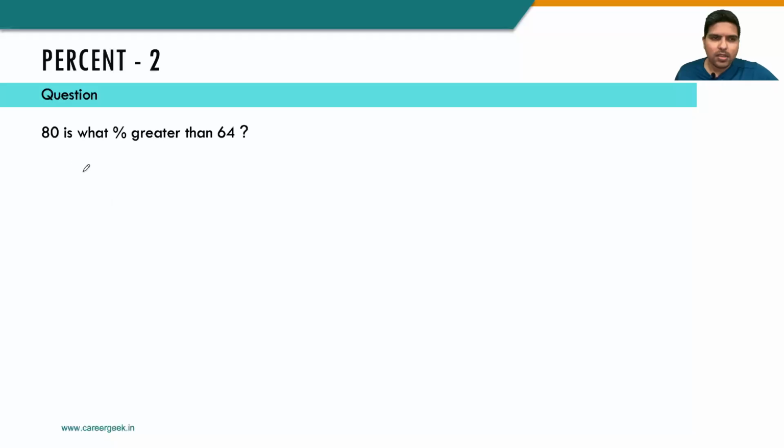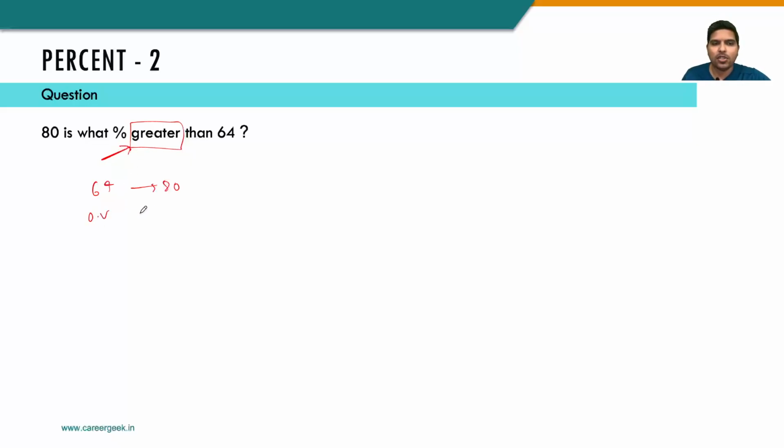So we'll try out. 80 is what percent greater than 64? Now, what I see in this is just they're asking percentage greater. I don't bother what is what. I just know that 64 is becoming 80. And this always works. Otherwise, there cannot be a percentage increase.